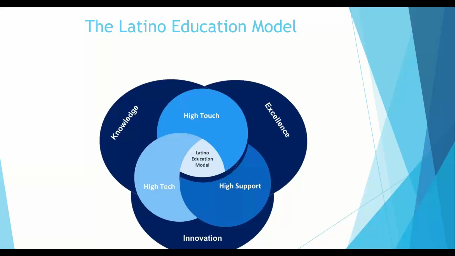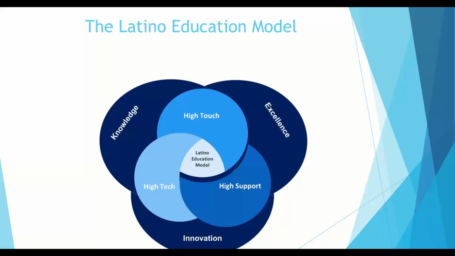Something that also makes this model very unique is that it was developed by Latinos for Latinos. As I have been saying, I don't think that there's anybody else that knows about ourselves as much as we do. The three pillars of this model are high touch, high support, and high tech.